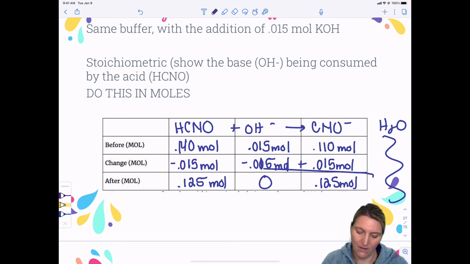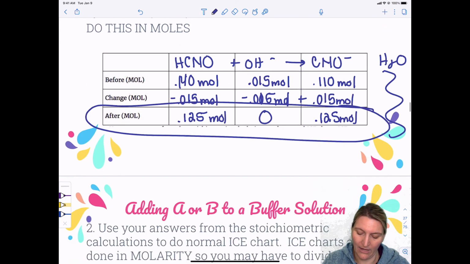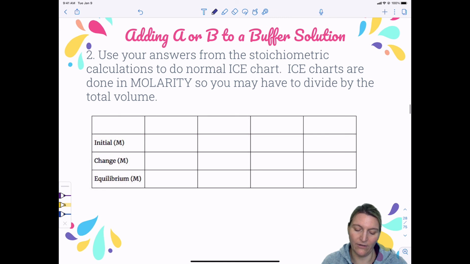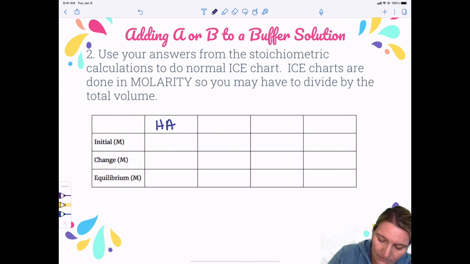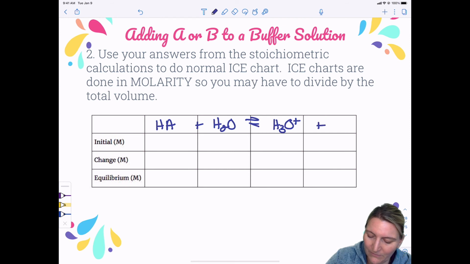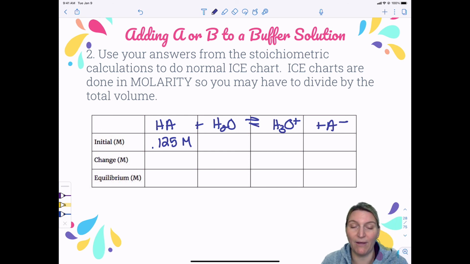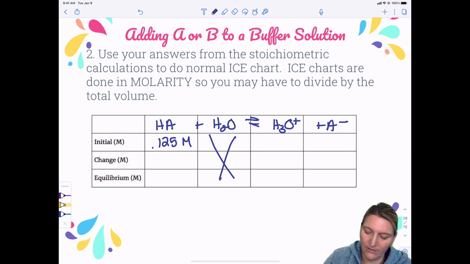Now I take my last row and I use that in an ICE chart. Remember, ICE charts are done in molarity, so I divide by the total volume, but the total volume is 1 liter. So I just went back to writing it as just HA. It really doesn't matter. The weak acid concentration is 0.125 molarity because we're dividing by 1 liter. Water doesn't count.